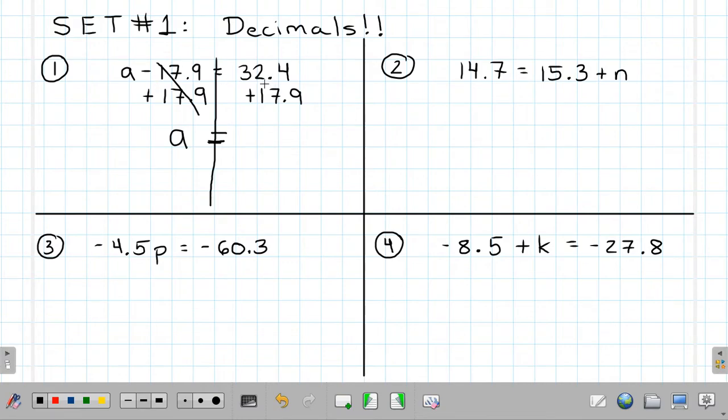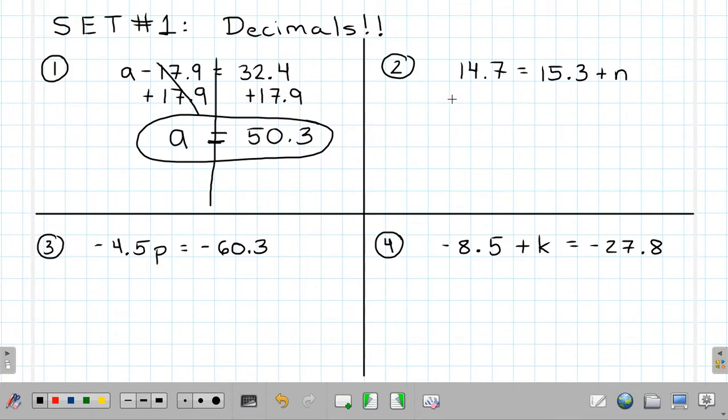In this case, 32.4 plus 17.9 gives you 50.3, and that is all there is to it. Just like any other equation, you can check your answer. Plug 50.3 back in: 50.3 minus 17.9 is equal to 32.4.